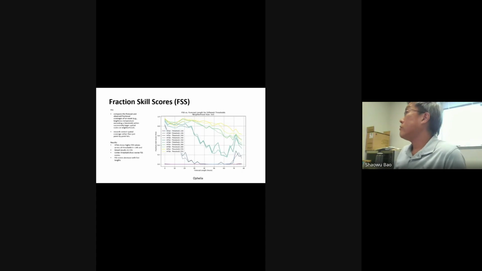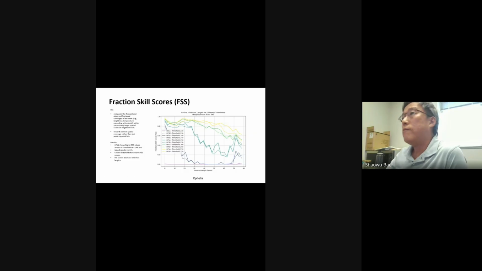The same thing for Hurricane Ophelia. But for Ophelia, you can see that in the middle of the forecast length, from 24 all the way to 60, the results are really mixed. For HAFS A and HAFS B, there's no clear signal of which is better. But this is consistent with the earlier evaluations.